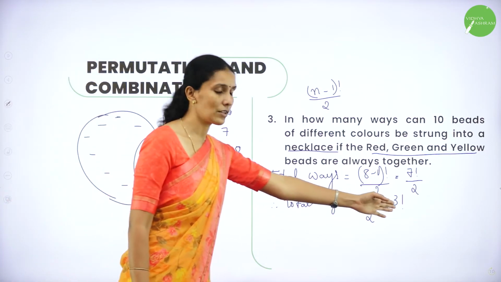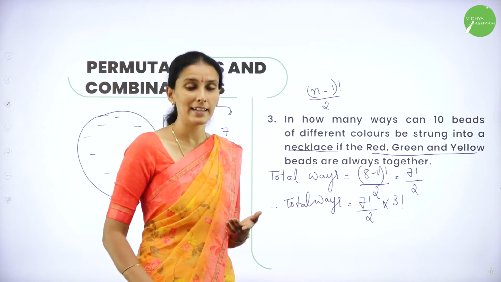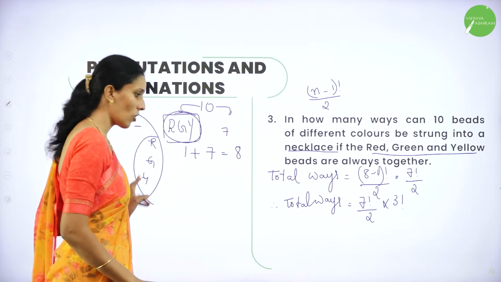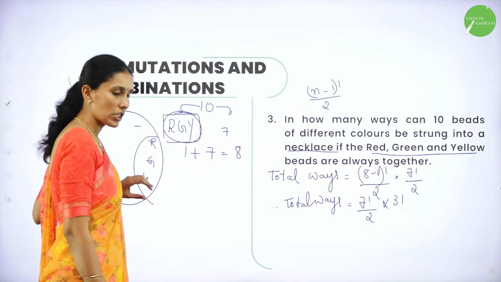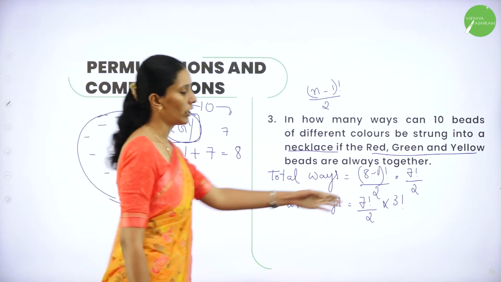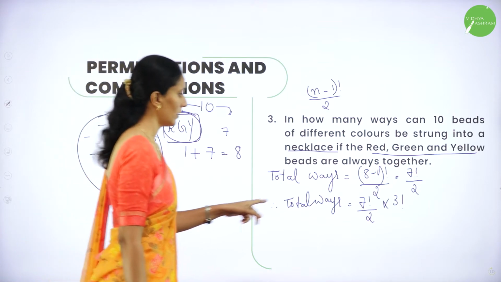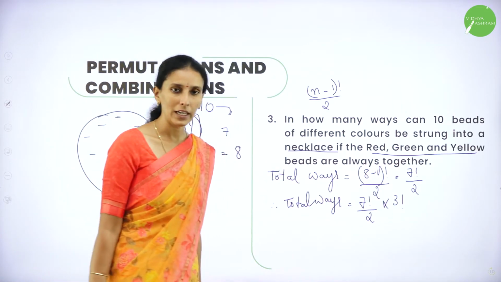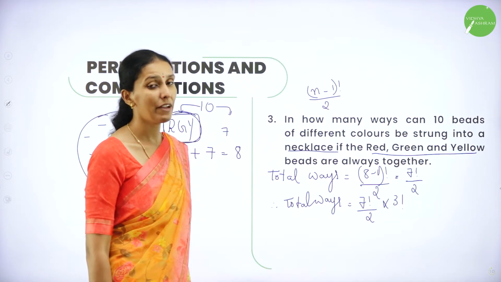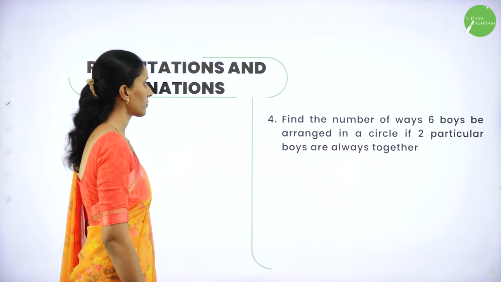So it is 3 factorial. You should not consider it as 3 minus 1 because the places are 3; they can change among themselves there only. So it is 3 factorial. Whereas for the whole circle, it will be 8 minus 1 factorial divided by 2, which is 7 factorial by 2.